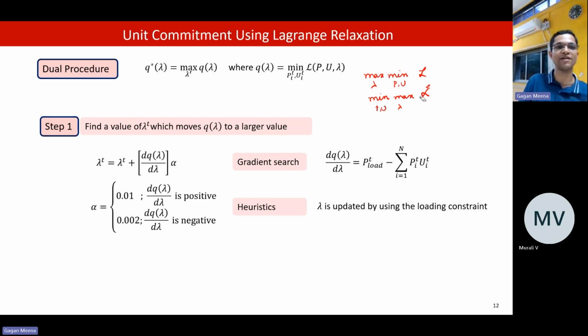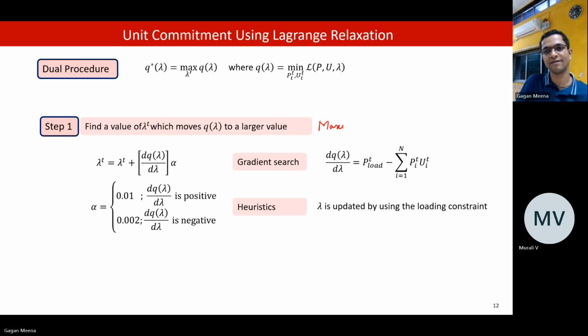Okay, so what we are doing here, this one is the maximization step. Here we are updating the lambda. What should be the new lambda?